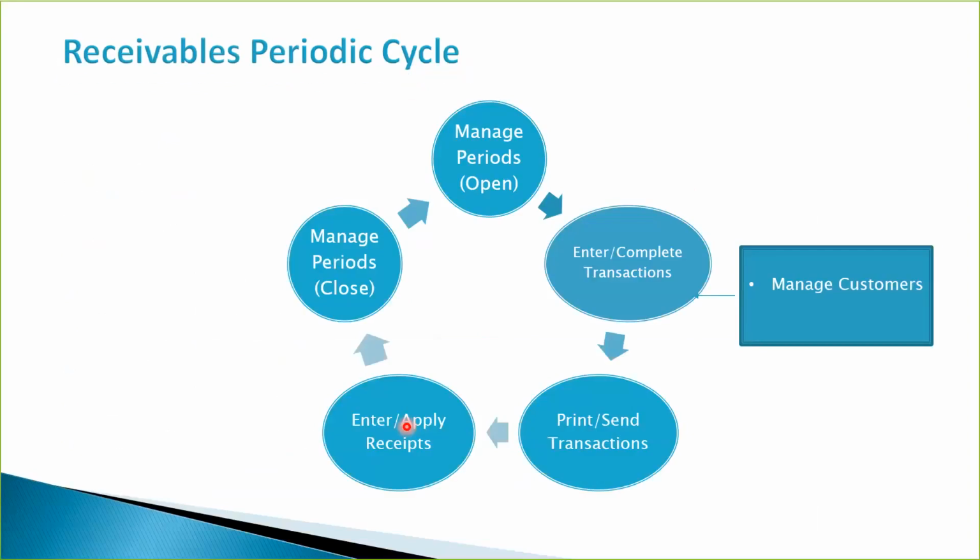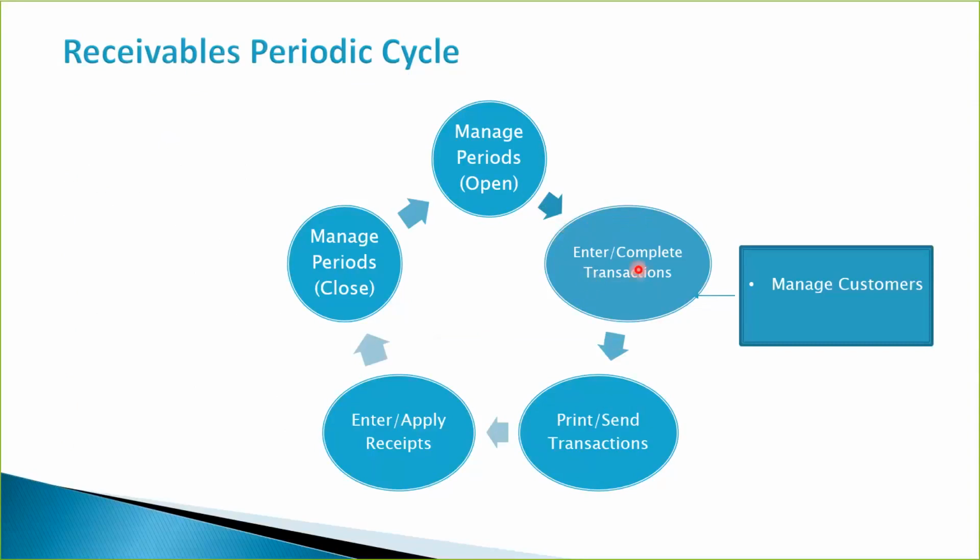So this is the cycle. When you open a period, you can then enter transactions, okay? So if you sell a service or a product, those are transactions which you can enter manually or import into AR.